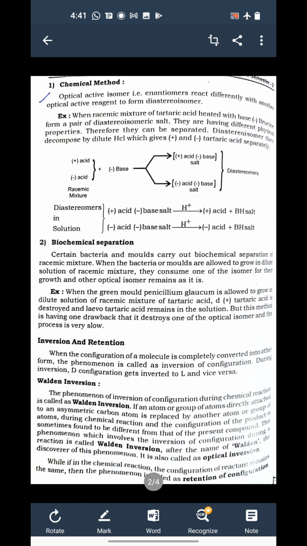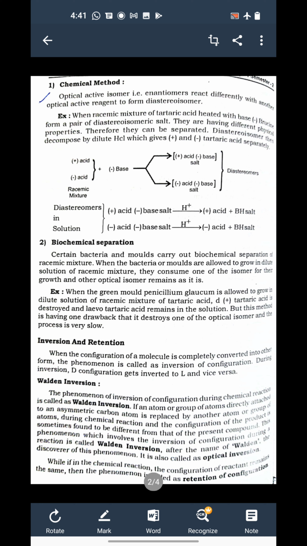Now the next term is inversion and retention. Now we are talking about configuration. Suppose the initial compound is D, which rotates plane polarized light to the right, the D isomer, and obviously it is optically active, so it must have at least one asymmetric carbon.